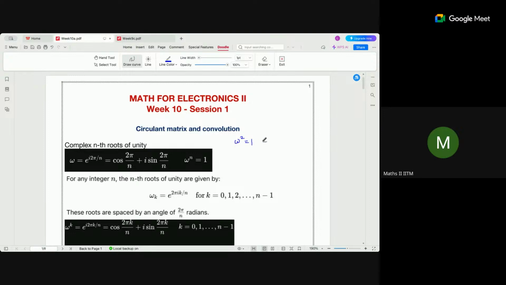What are the possible values for omega? For which numbers, if you square, you will get 1? What are the numbers whose square is 1? Such a simple question.